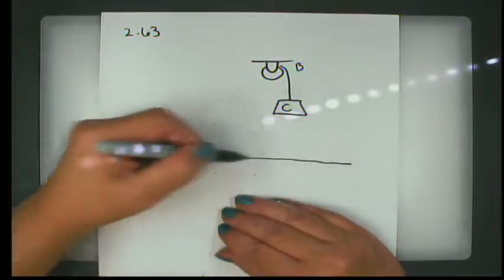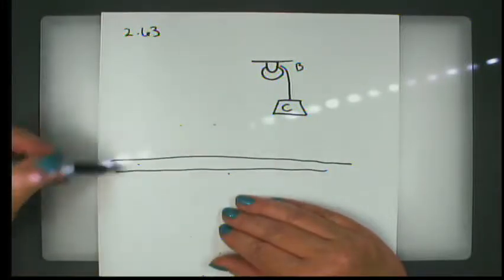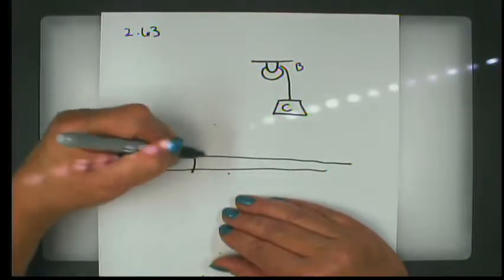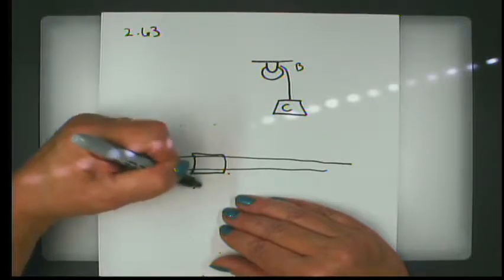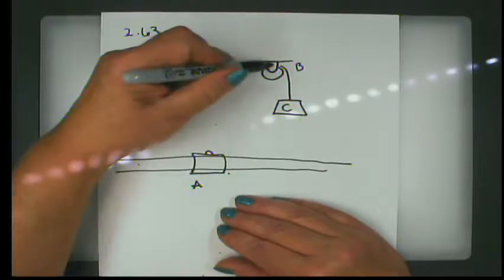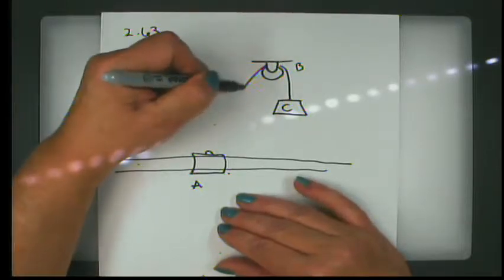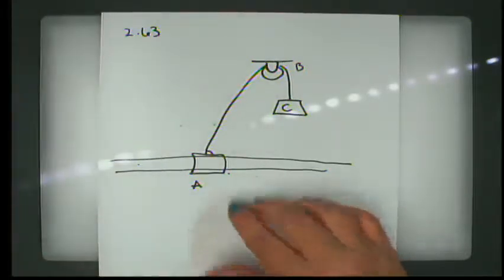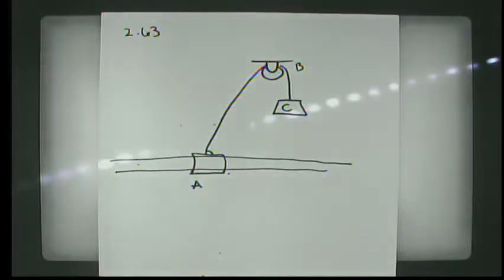Below this, we have a rod, and on the rod, we have a collar at A with a hook in it, and the rope hooks around the pulley and latches onto the collar.